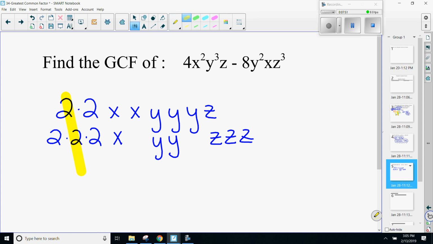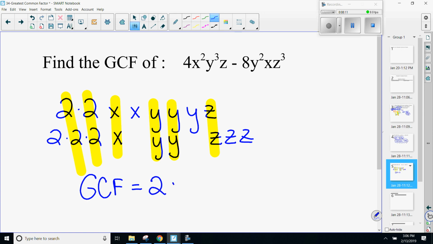The greatest common factor is going to be a pair of 2's, an x, a pair of y's, and a z. So your greatest common factor is 2 times 2, which is 4. So you have 4x, y to the second power, and z.